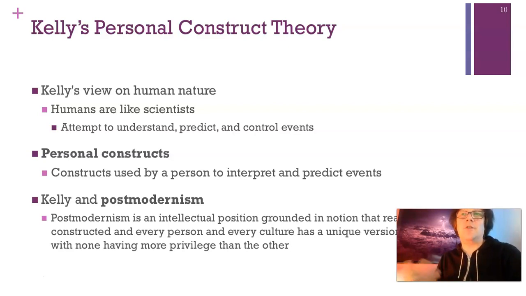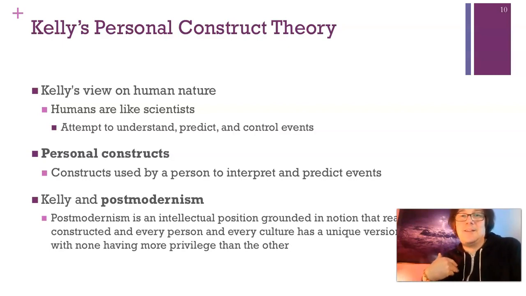So we all have a unique interpretation of what we see and what we hear, or everything that we experience. And these unique interpretations will form unique constructs, or at least unique definitions of these constructs. So we all have individual understandings of these constructs. So when I say, I'm feeling happy, you don't really know what that means, right?